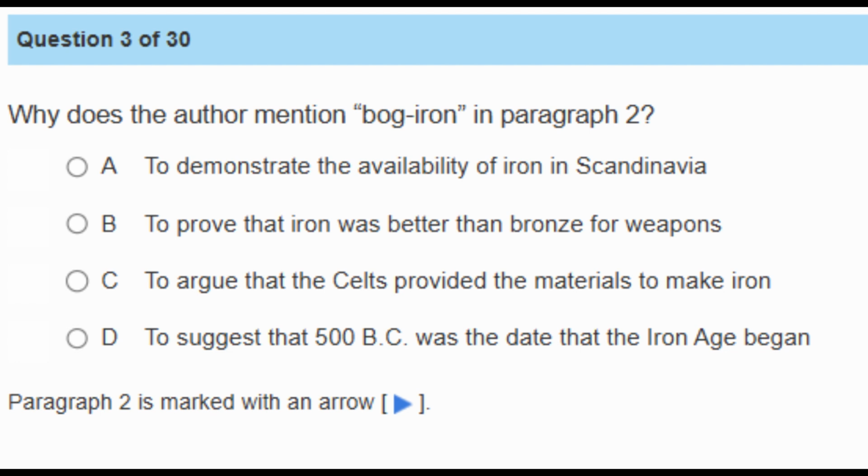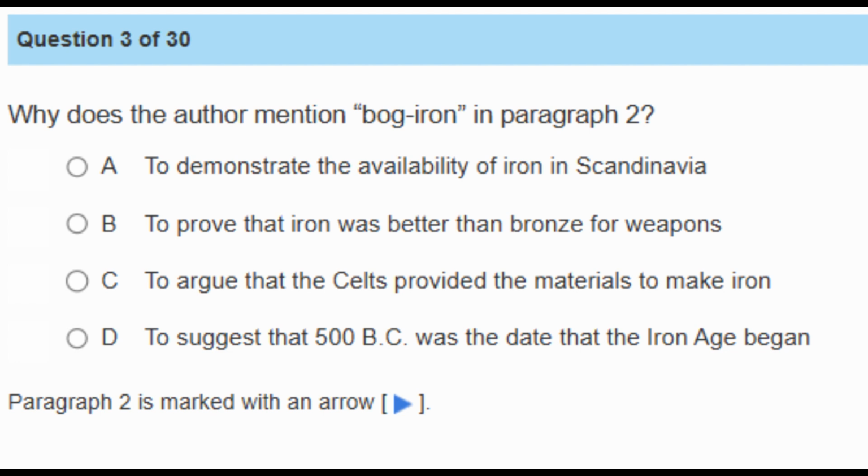Okay, so just read the options to get familiarized with them. So A is to demonstrate the availability. So how available, how present is iron in Scandinavia in particular?